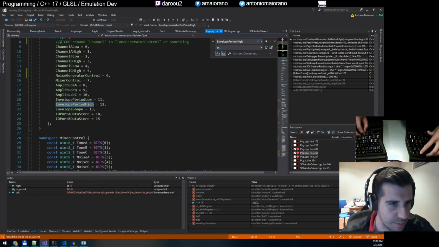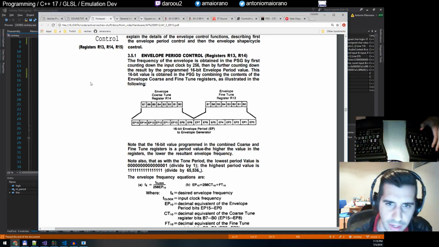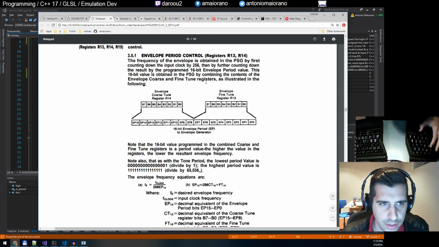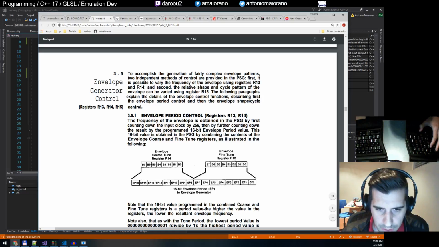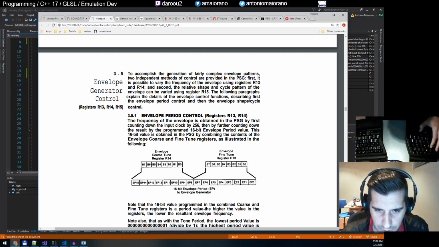Let's be super pedantic here, because no, it is low high. Fine tune is register 13, and then coarse is 14. That's 11 and 12. So fine is low. Coarse is high.